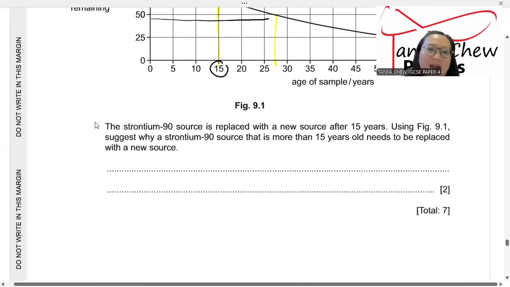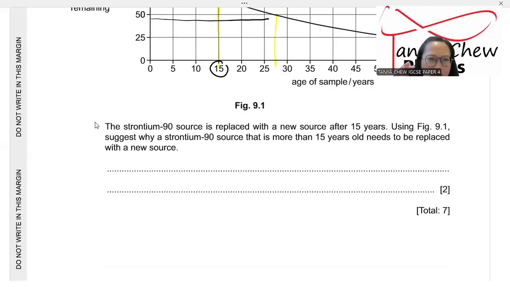So why do you have to replace? It is because the remaining strontium-90 is very little. So since the remaining strontium-90 is very little, it would emit weaker radiation of beta particles. Weaker radiation also means that the thickness of the paper could not be controlled effectively. So that is why we have to replace it.